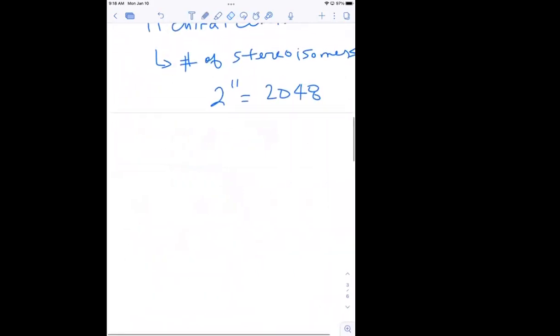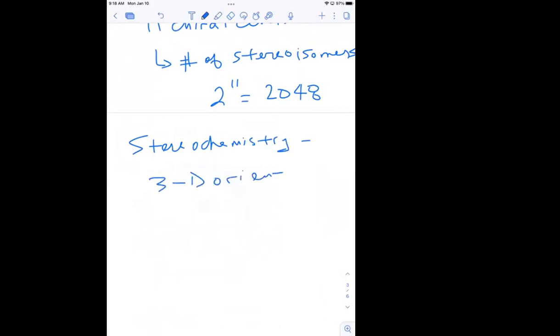All right, so when we talk about stereochemistry, when you hear that term, it's the 3D orientation of a chiral molecule, right?